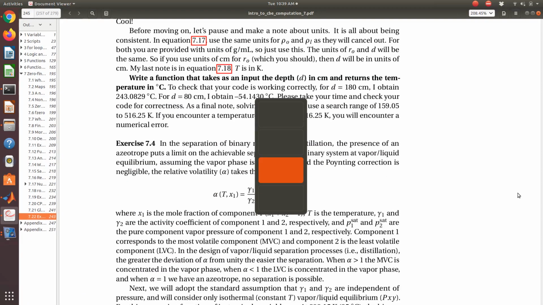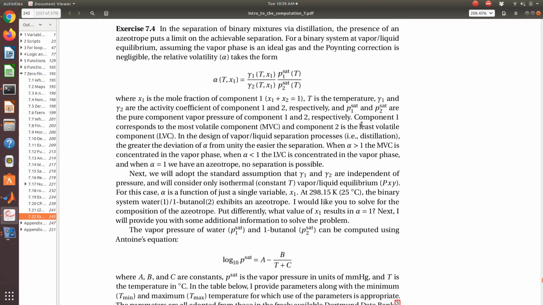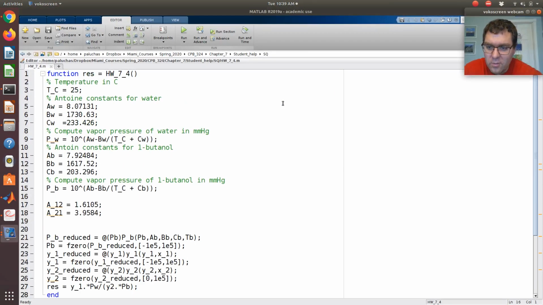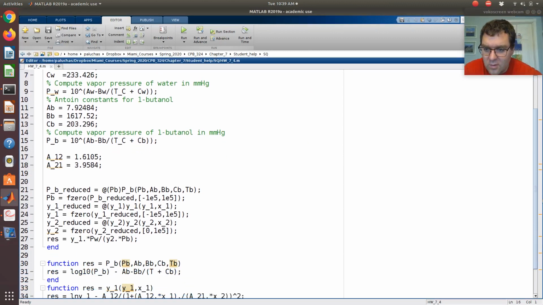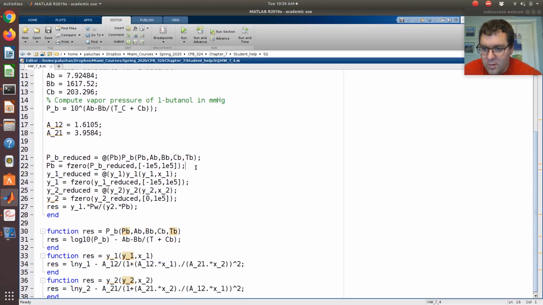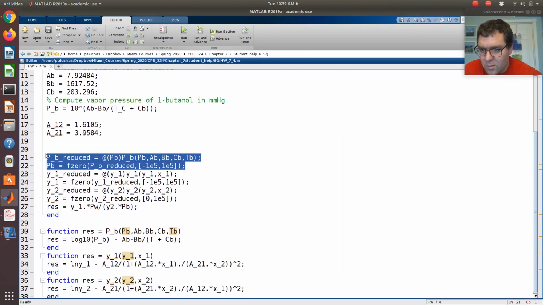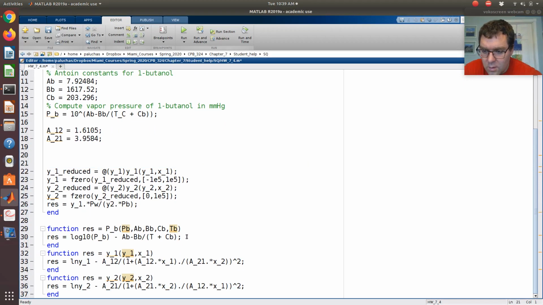Next, if I look at the problem, are these gammas. Now these gammas are going to be a function of x. So I'm going to have to calculate those gammas within my error function. Let's see what we have in terms of error function. We can delete those. We can delete this.